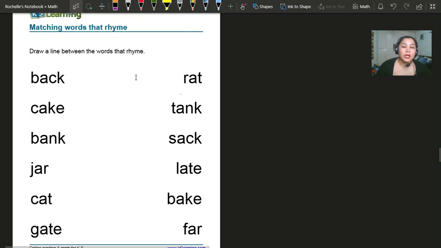Parang ikaw din, you are teaching yourself how to read, and at the same time, you can also listen to how it is being read. So draw a line between the words that rhyme. I'll read the words at your left. Okay, this is back, cake, bank, jar, cat, gate.